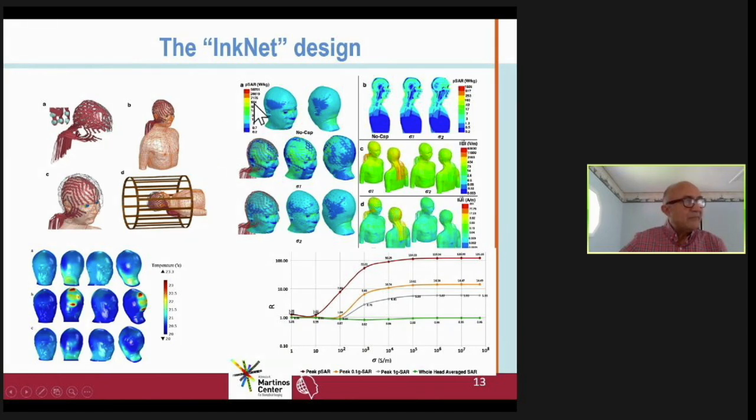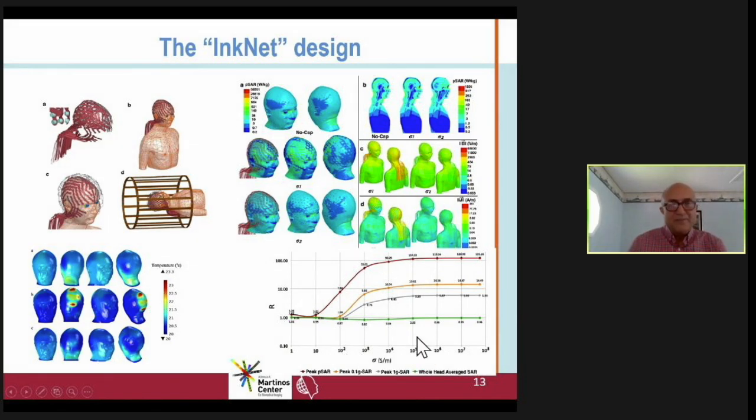The numerical simulations allowed us to compute the peak SAR and to estimate the heating of different cases.